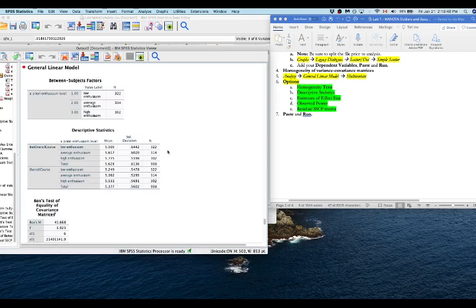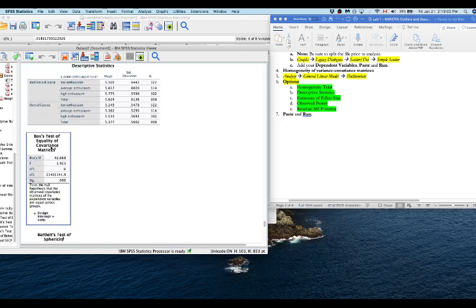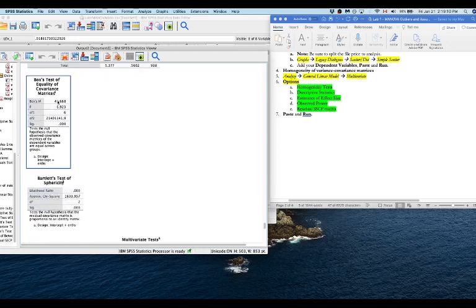And this gets me the descriptives of what the mean and standard deviation is for everything. So this is just a bit simpler for looking at that. And now we want to look at the equality of covariance matrices. So Box's M. And then we also want to look at a test of sphericity. I'm not going to try to explain what these mean right now.